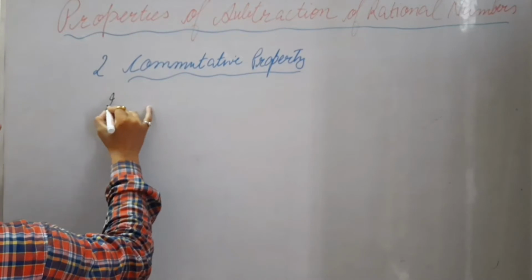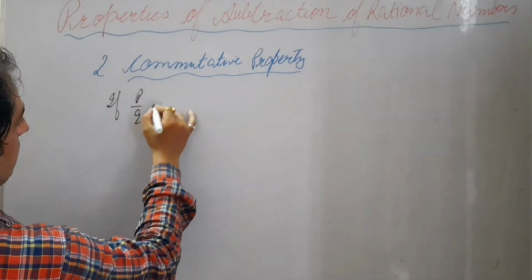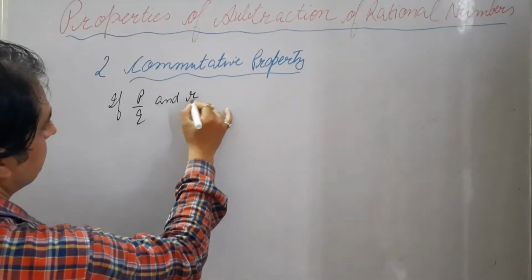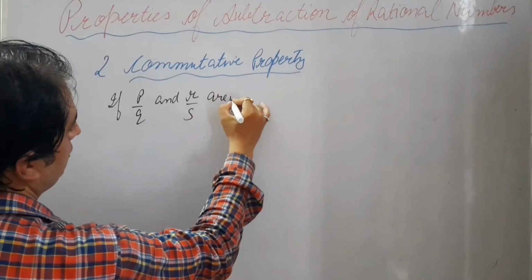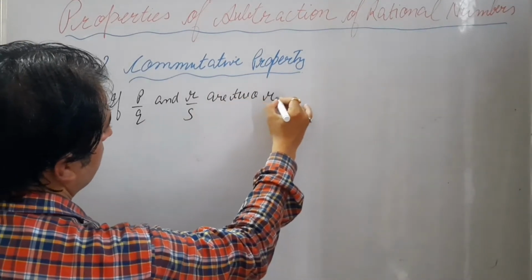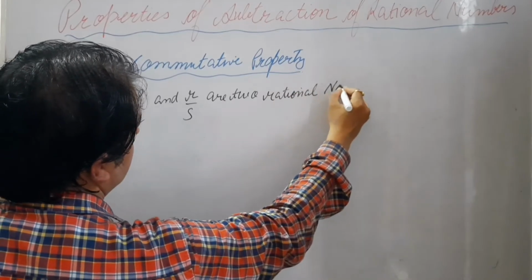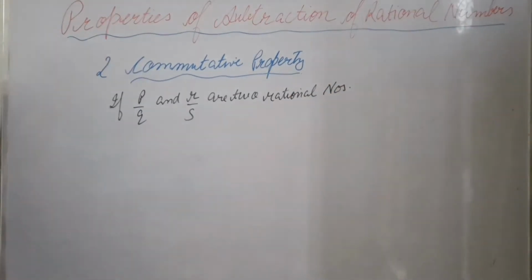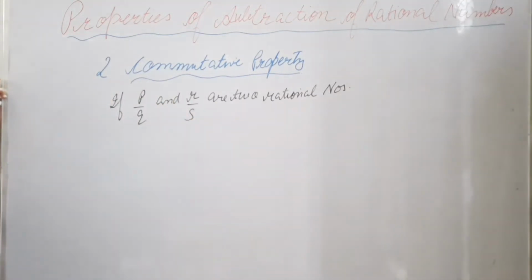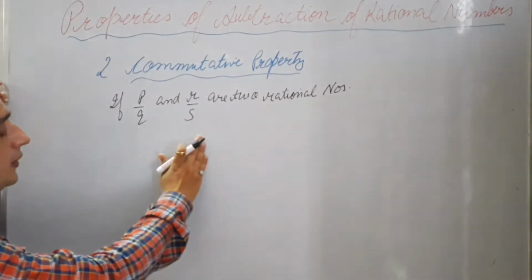Suppose I have two rational numbers, P by Q and R by S, in numerator by denominator form, and both the denominators are not equal to 0.